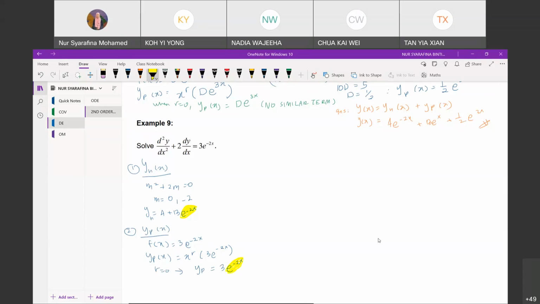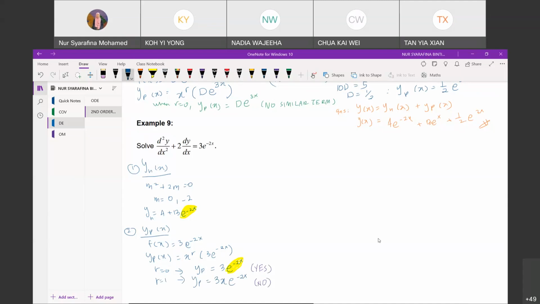So there is a similar term. Then check again. When r equals 1, your YP equals Dxe^(-2x). Then there is no similar term, so proceed with this YP.